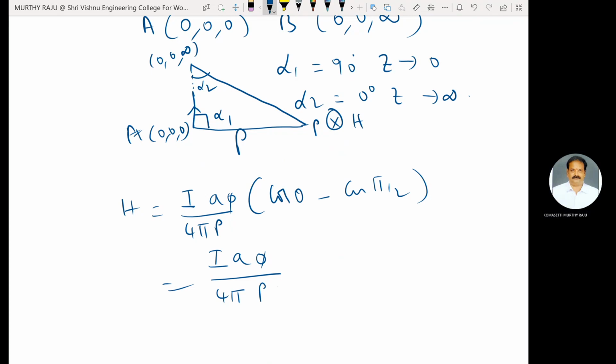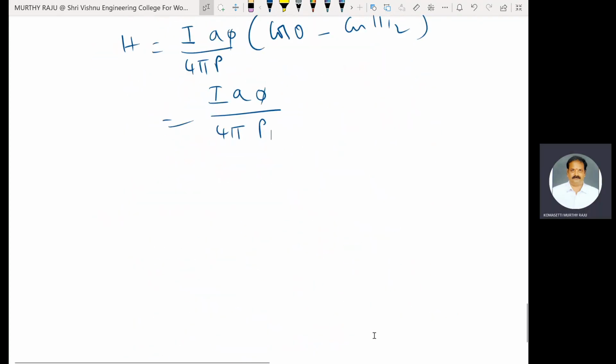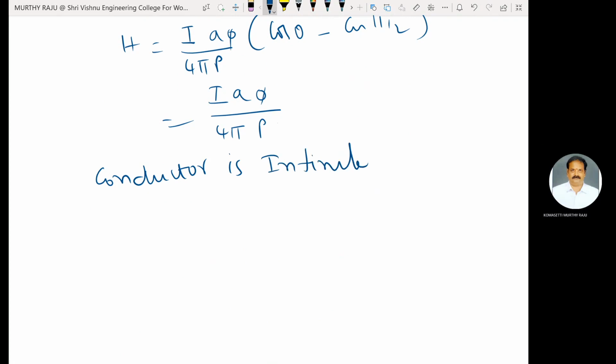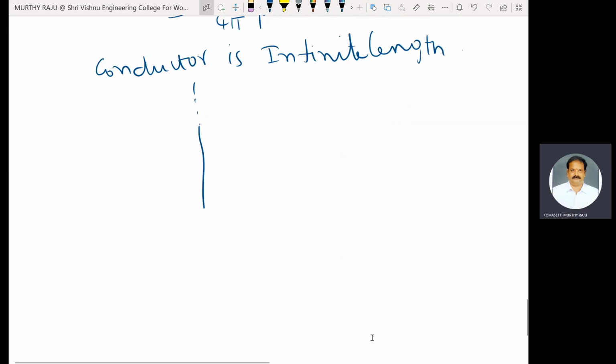Suppose the conductor is of infinite length, placed along the z-axis. That means this is the conductor of infinite length, extended here and extended here.